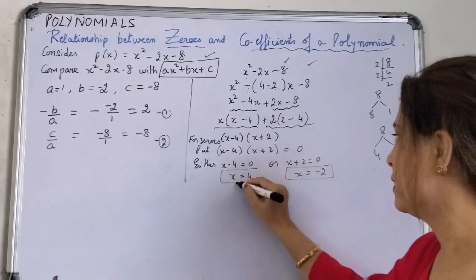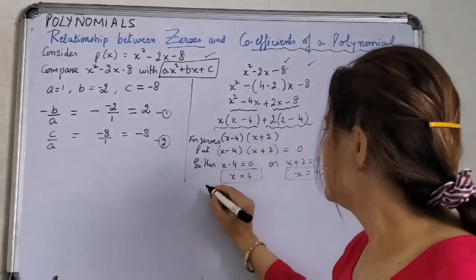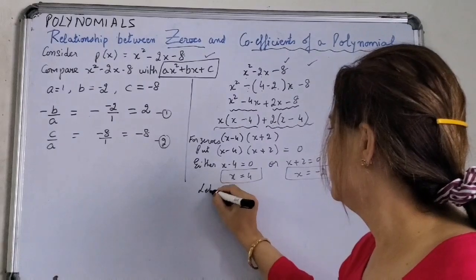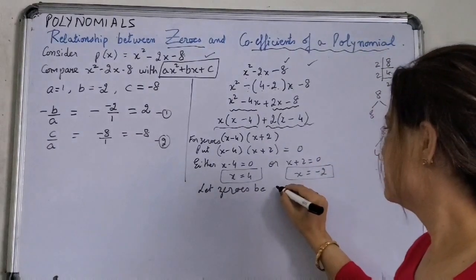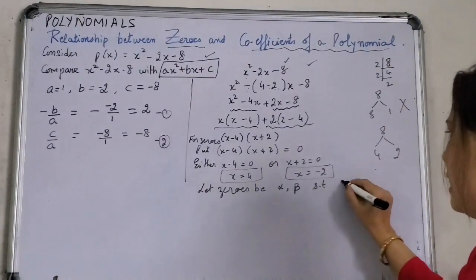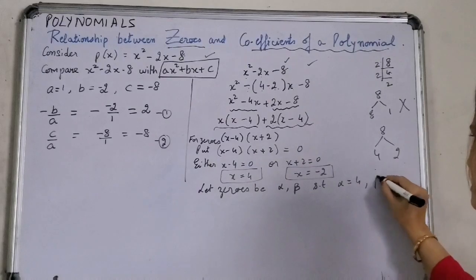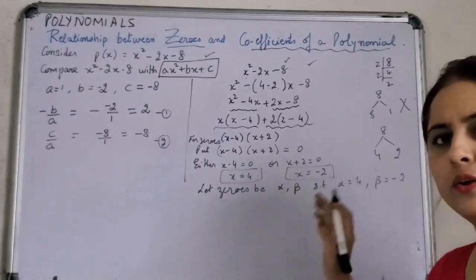You can give them names if you want. Let the zeros be alpha and beta, such that alpha is 4 and beta is minus 2. This is not essential in this step. You can even write down in words, sum of the zeros.